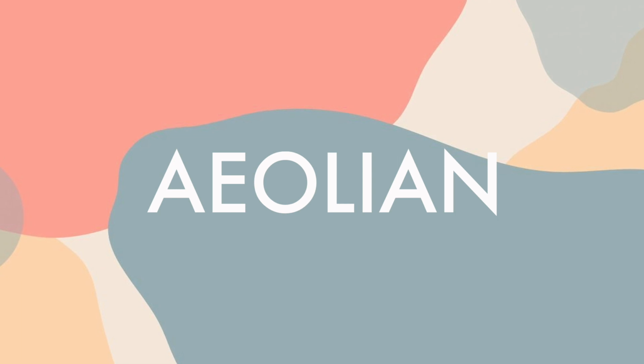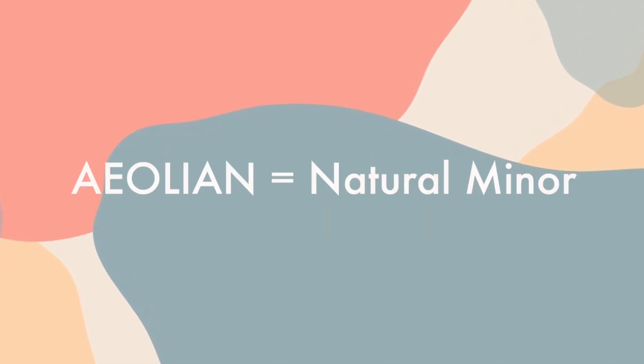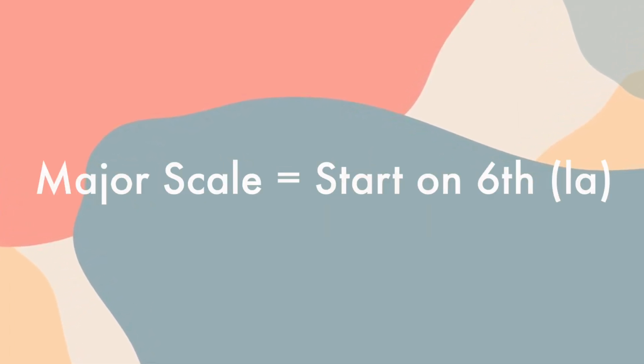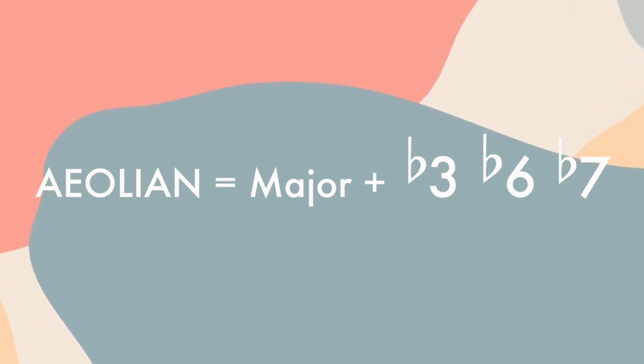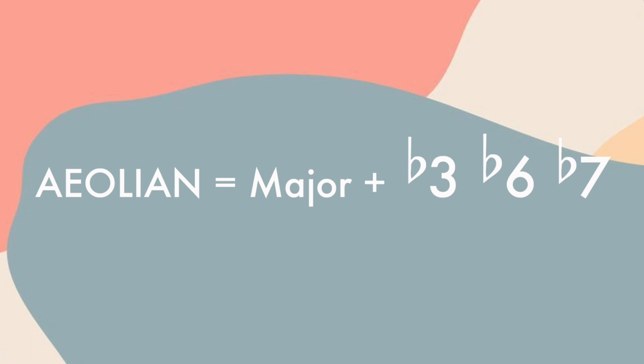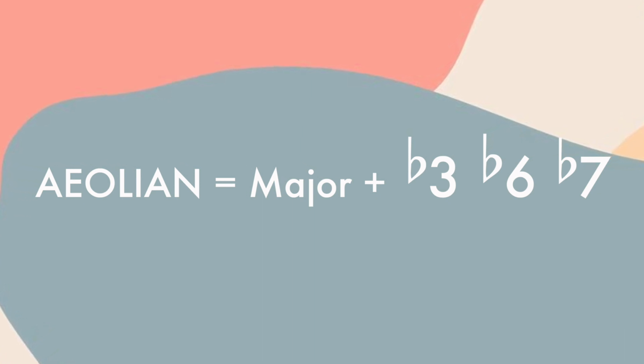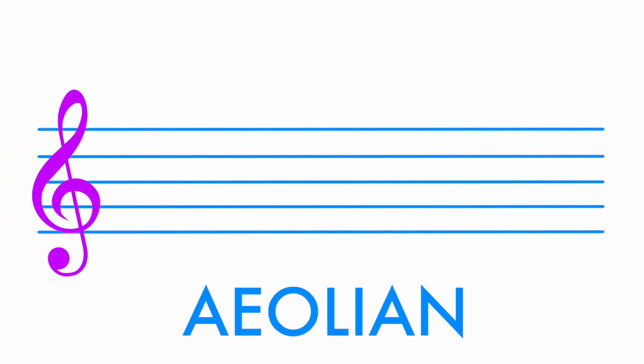The sixth mode, Aeolian, is the same as the natural minor scale and can be thought of as the major scale starting on the sixth scale degree, or la, or as the major scale with a lowered third, sixth, and seventh. Aeolian sounds like this.